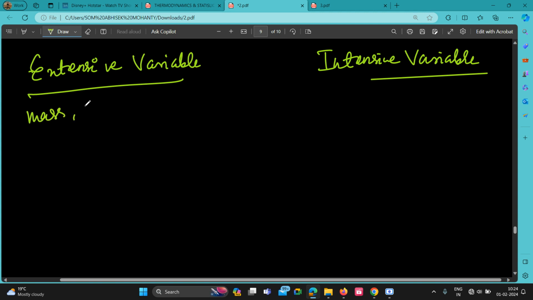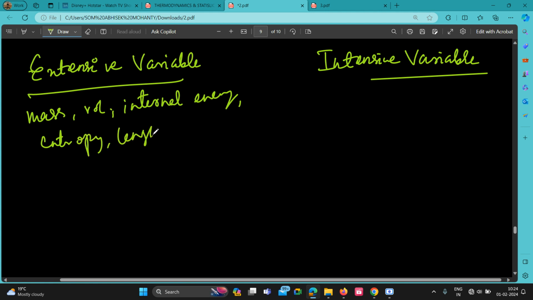Mass, volume, internal energy, entropy, length. These are your extensive variables. And temperature, pressure, viscosity. These are your intensive variables. Right?